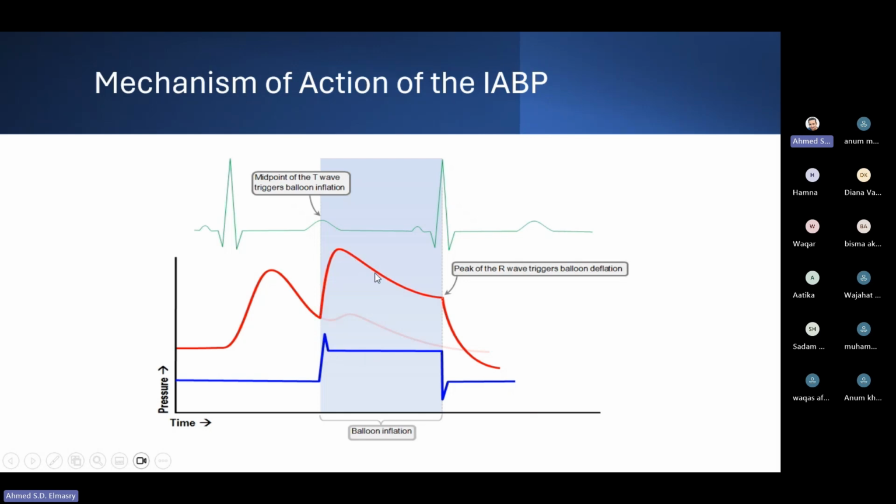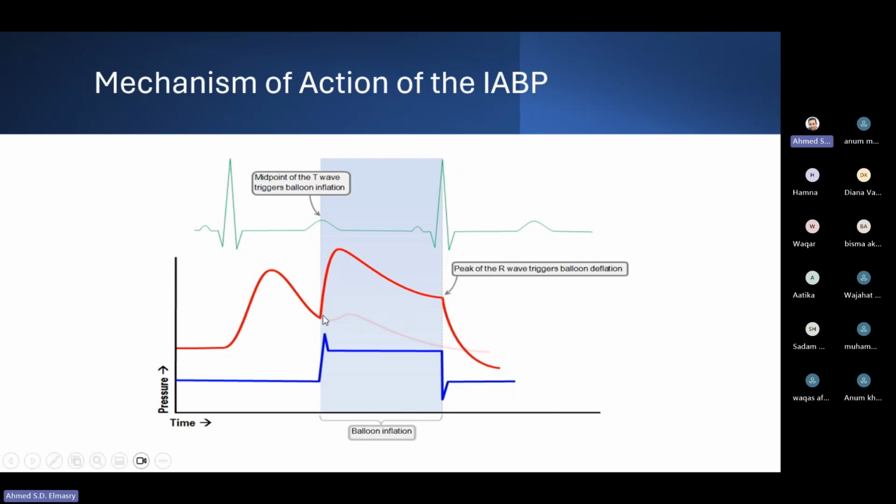You see here the intra-aortic balloon starts the inflation during the diastole immediately after the dicrotic notch in order to maximize the area under the curve of the diastole, which, as we discussed in the coronary perfusion, will increase the area under the curve for the diastolic perfusion time index, which will increase the coronary perfusion. Okay.